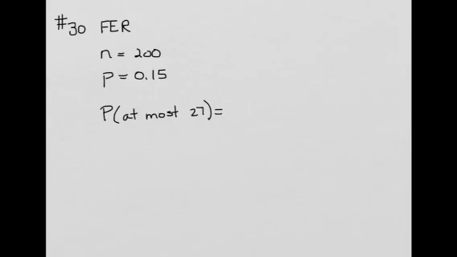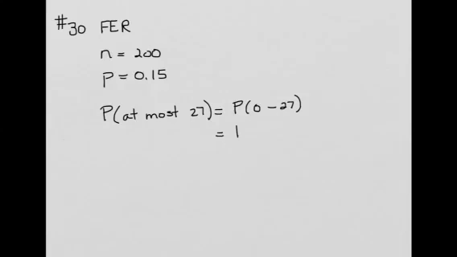Next, number 30. Same scenario again, but now we want at most 27 stores to recover the stolen merchandise, or we want to know what the probability of that is. So at most 27 means anywhere from 0 up through 27. So in this case, we're starting at 0, which is what we want.